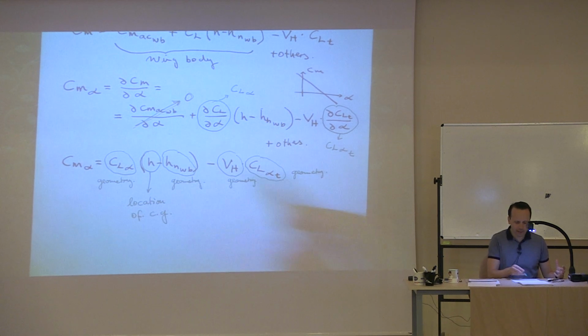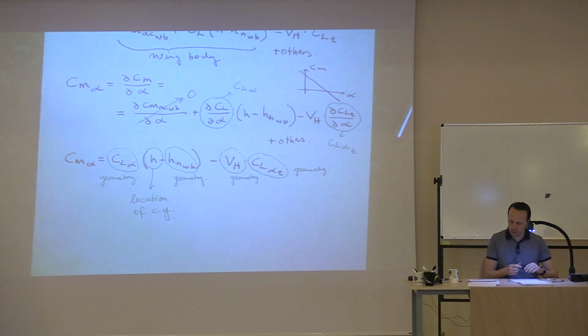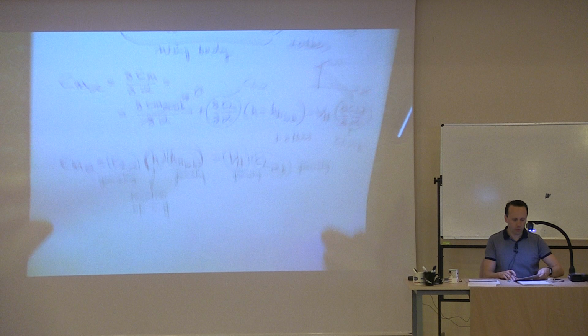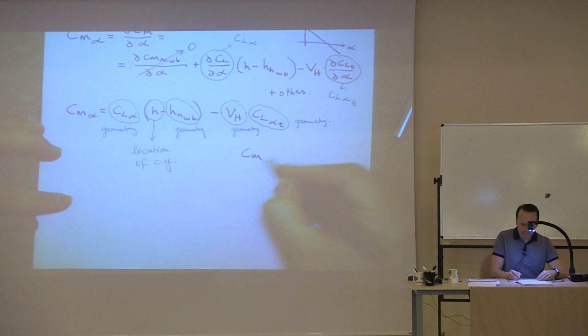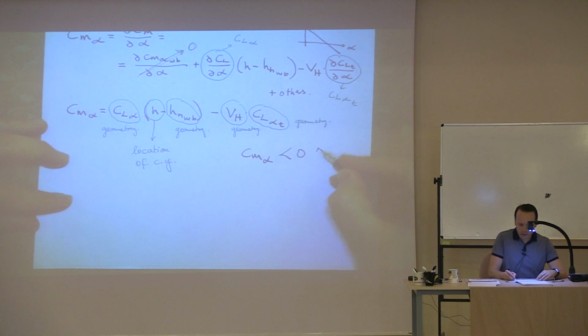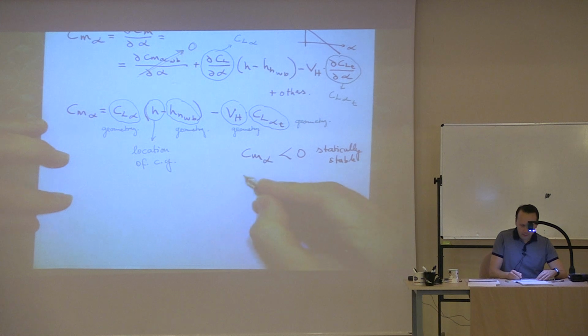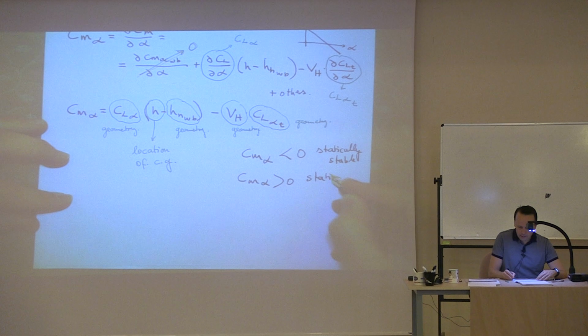So after you design this thing, you can check this h and find the location where Cm alpha will change. We have established previously, if Cm alpha is less than 0, then the aircraft will be statically stable. If Cm alpha is greater than 0, it will be statically unstable.